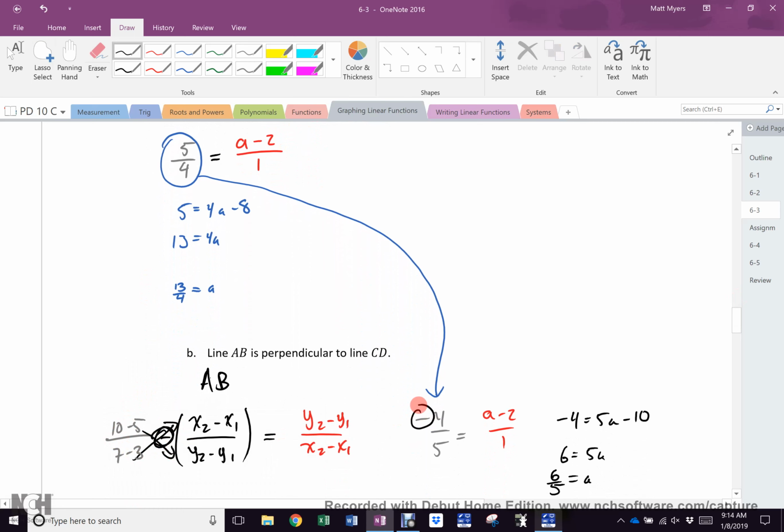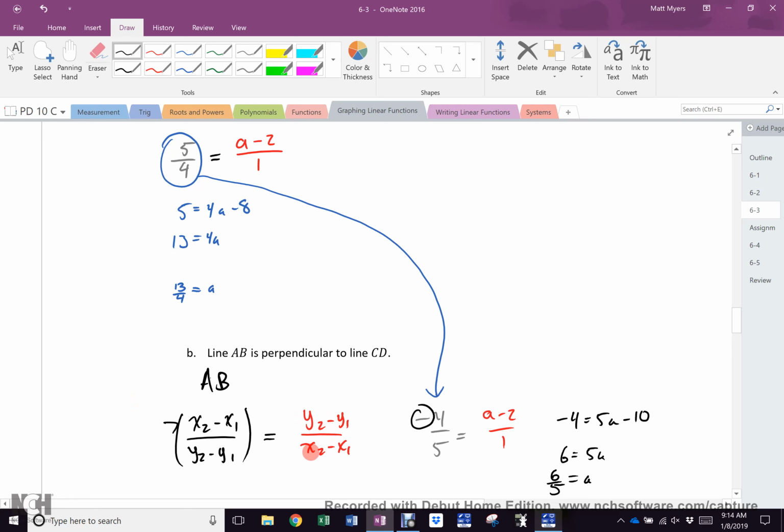Preston: I don't get why you have the reciprocal of the formula. I don't get why we have y2 minus y1 here, whereas on CD it says y2 minus y1. Well, yeah, right.